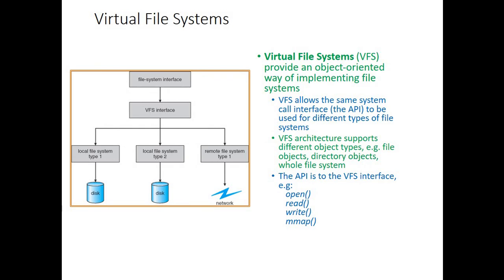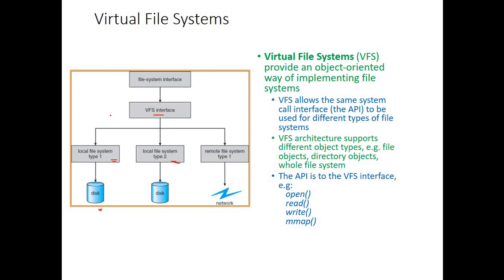The virtual file system. The virtual file system provides an object-oriented way of implementing a file system. It allows the same interface for different types of file systems. Assume that we have different disks, disk 1, disk 2 like that, and some other disk connected over a network. So disk 1 has a logical file system of type 1, disk 2 has a logical file system of type 2.